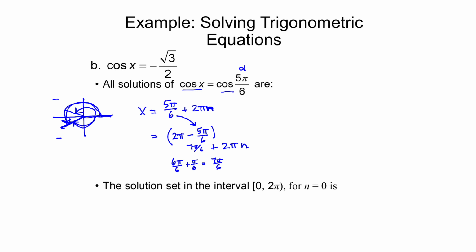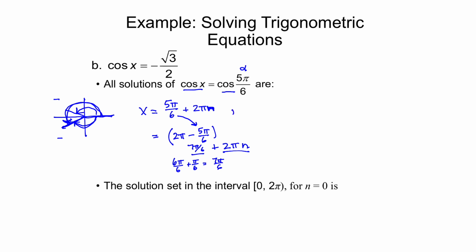To me, that's an easier way than referencing a formula, because I know where they're positive and I know where they're negative. And to that, we just add 2 pi n. That takes every rotation into account. So the solution set that we found for the interval 0 to 2 pi is 5 pi over 6 and 7 pi over 6, if we're just limiting it to the domain 0 to 2 pi.